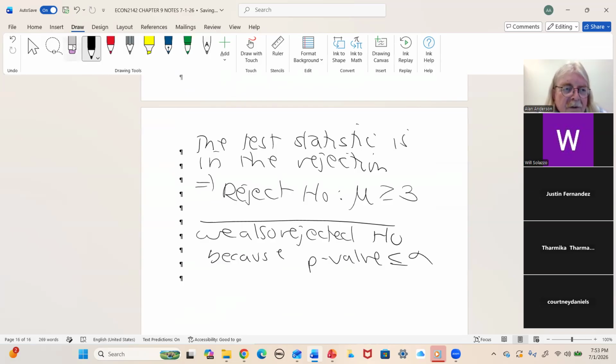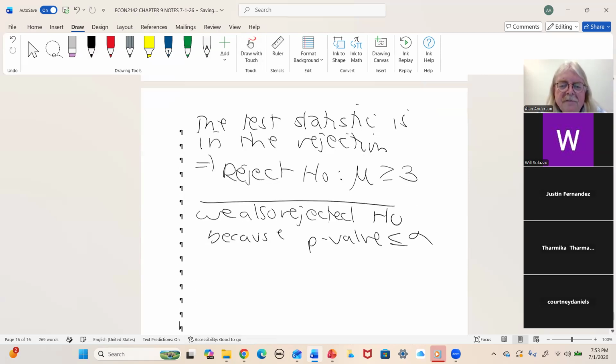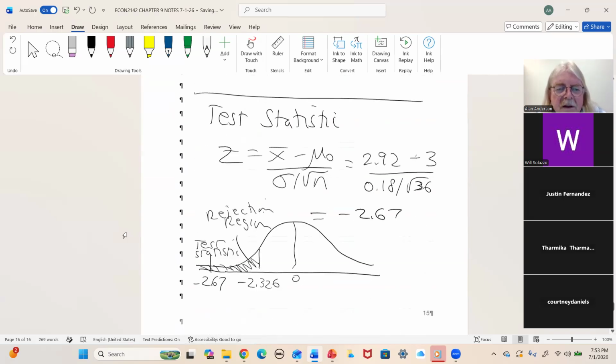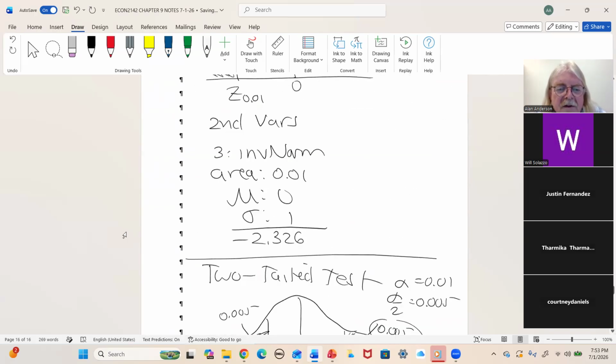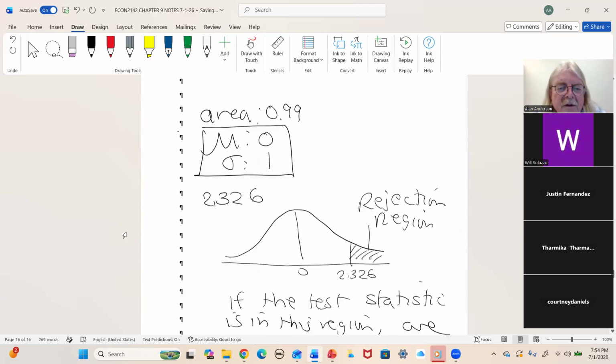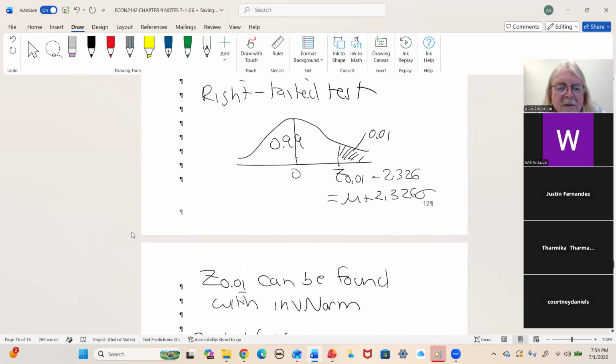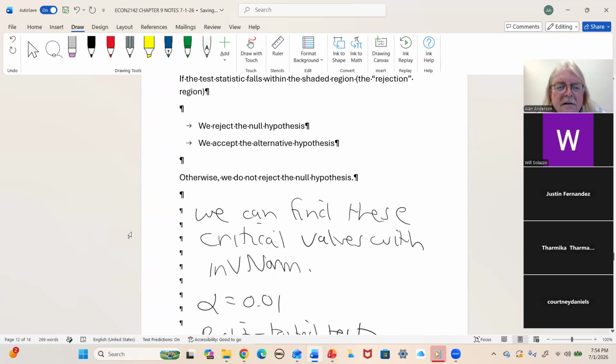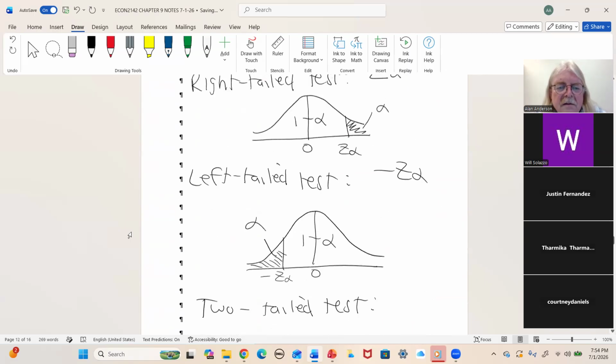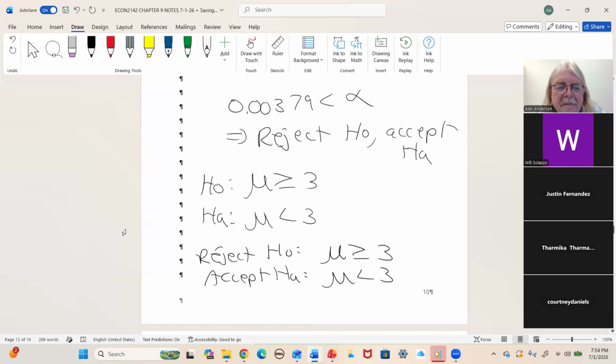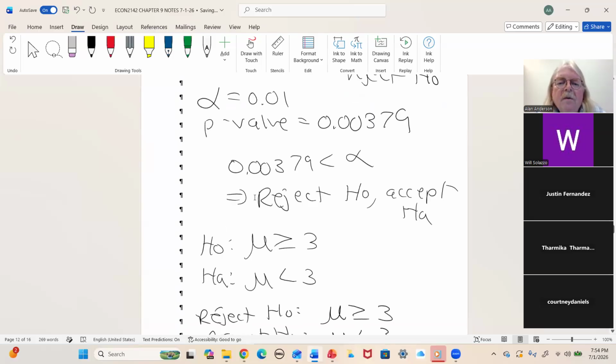All right, so if you remember, our p-value is approximately the probability that the null is true somewhere. I believe it was 0.0038. Let's confirm that. There it is, 0.00379.